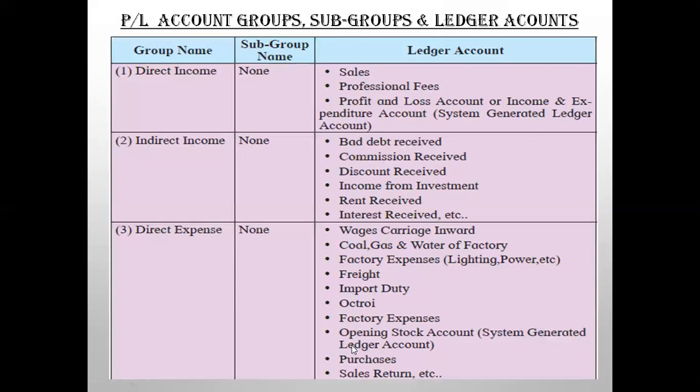This all you have to learn. In accounting software, a slightly different classification is there than how you write in books. Opening stock account, purchases, and sales return, these all are under the main head direct expenses.